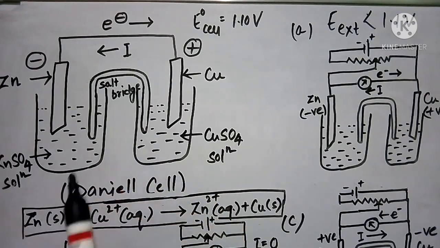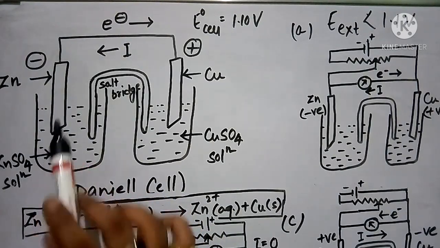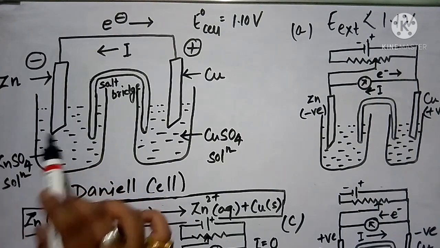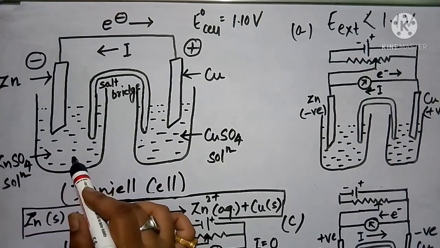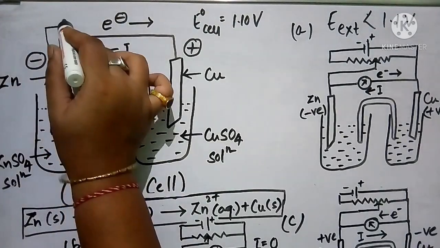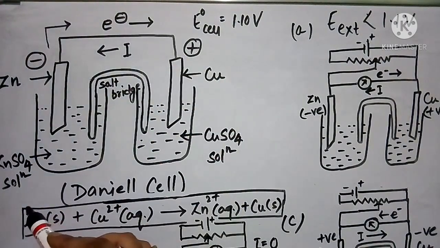So in this, what is actually happening is that zinc, as it is getting oxidized, will lose two electrons from the electrode and go into the solution, that is, it will form Zn2+ ion. As it loses the two electrons, they will go through the connecting wires towards the copper electrode.